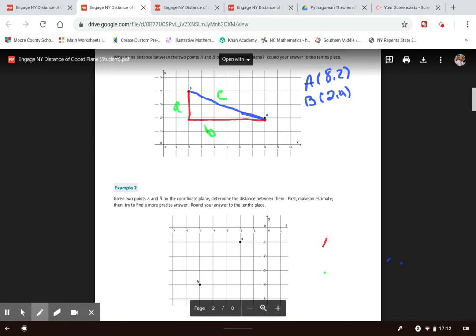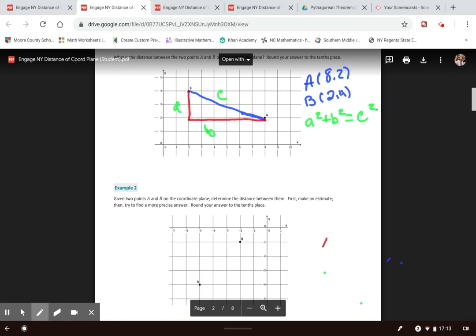So what I'm going to do then is use what I just went over about horizontal distance and vertical distance to find the length of my legs. And then I'm going to put that into the Pythagorean theorem to find my distance between point A and point B. So I have A squared plus B squared equals C squared, and that's my Pythagorean theorem.